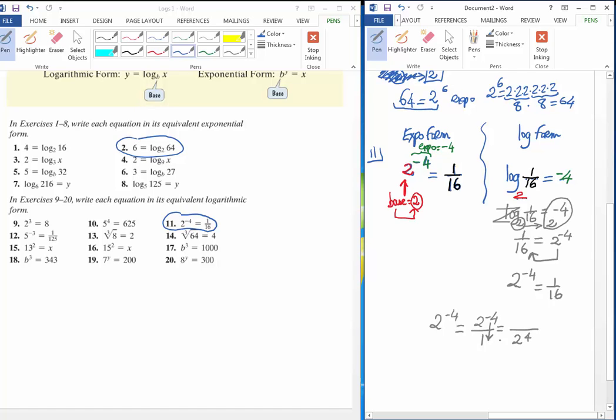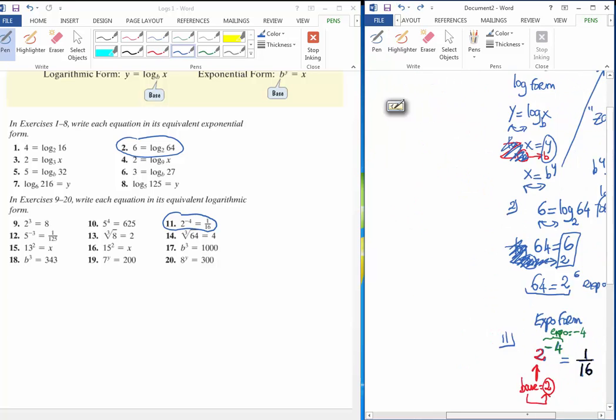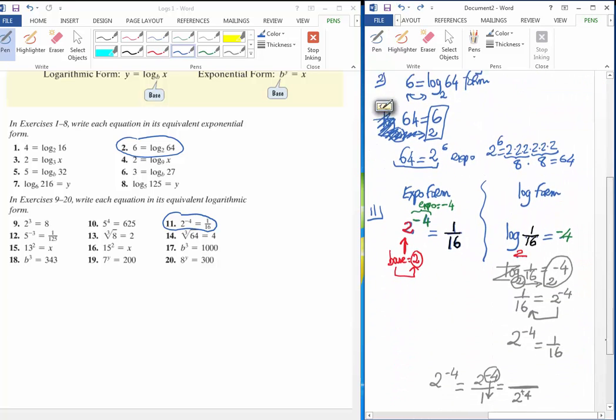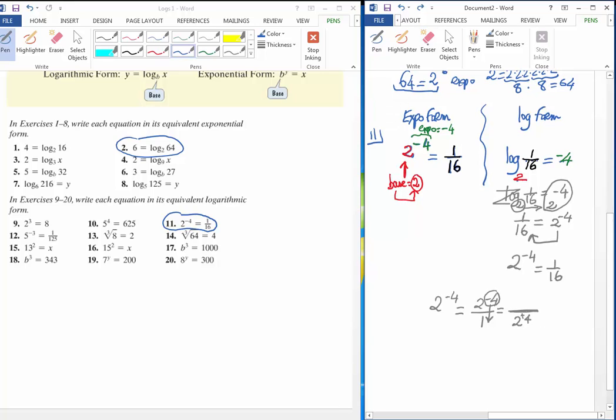Remember, things can move up and down that fraction bar as long as you change this exponent to its opposite, which we did. It's 2 raised to the power plus 4, which you just call 2 to the 4th. Let me just erase that little plus sign.